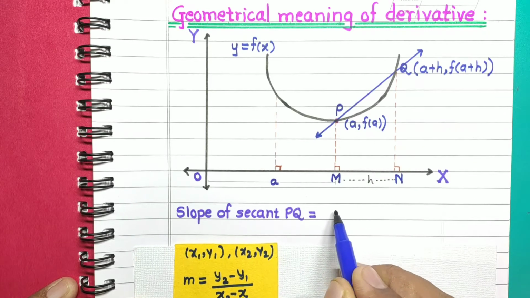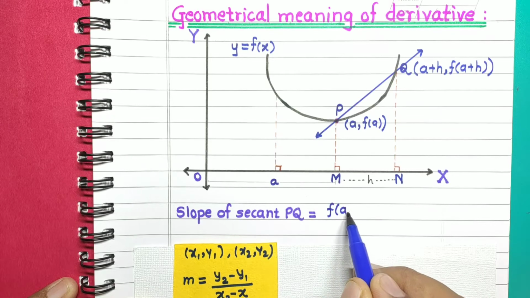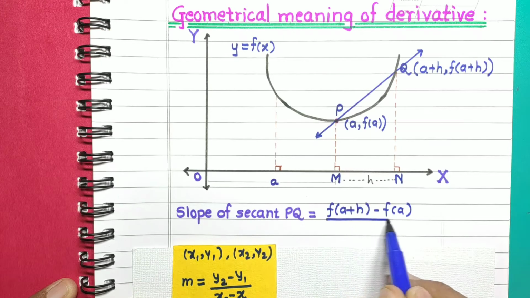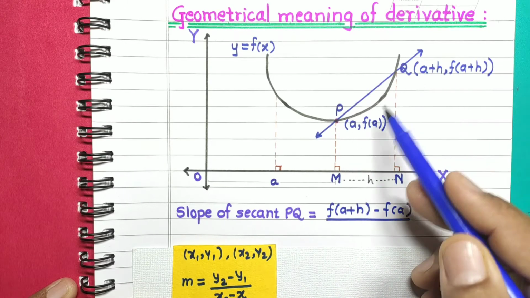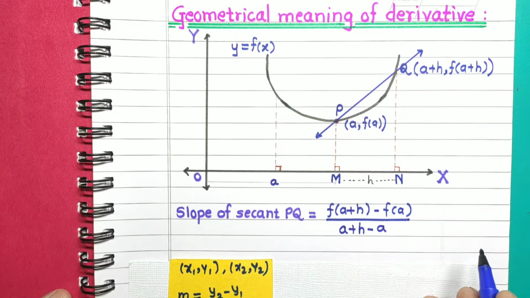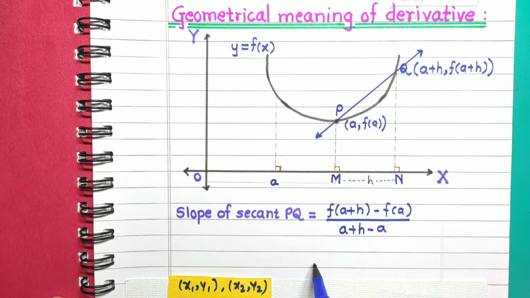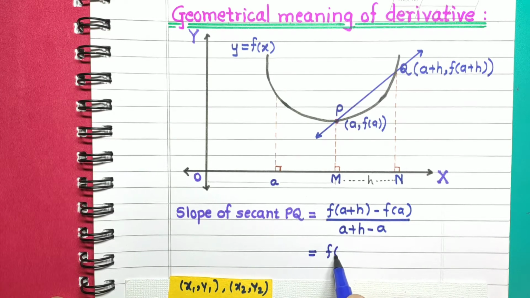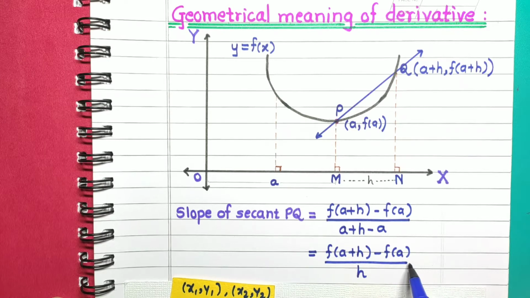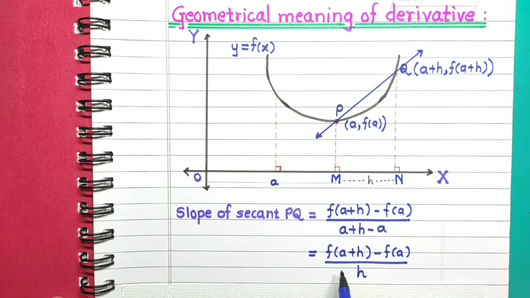So at the numerator we have f of a plus h minus f of a upon the subtraction of x coordinates, a plus h minus a, and therefore we have the slope of secant PQ as f of a plus h minus f of a upon h.